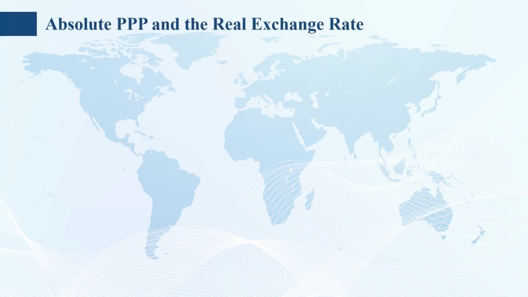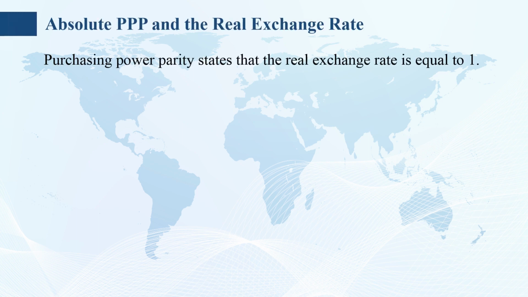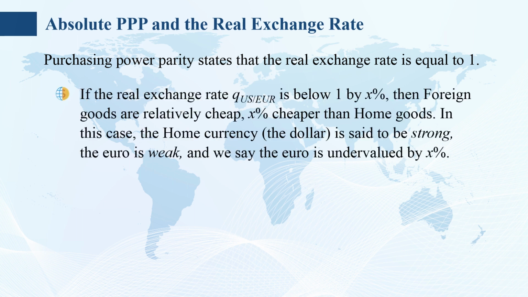Purchasing power parity states that the real exchange rate is equal to 1. If the real exchange rate Q is below 1 by X%, then foreign goods are relatively cheap, X% cheaper than home goods. In this case, the home currency, for example the dollar, is said to be strong.